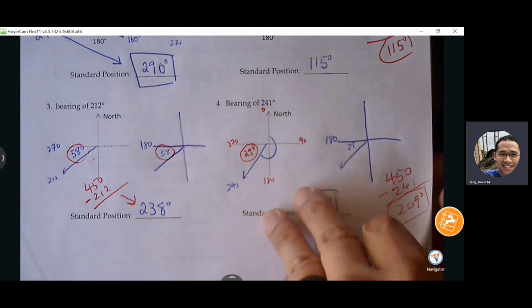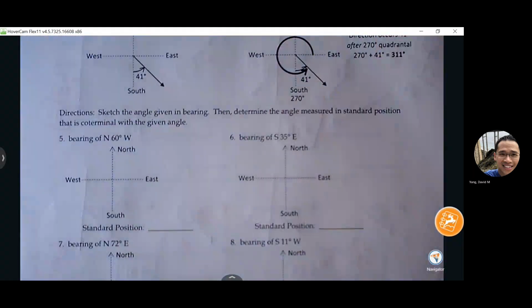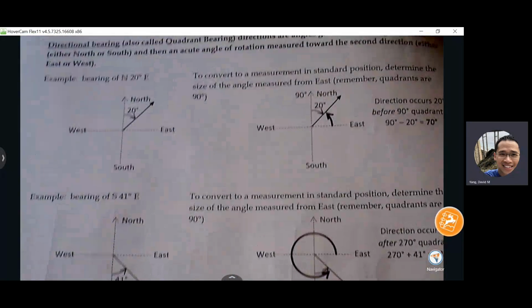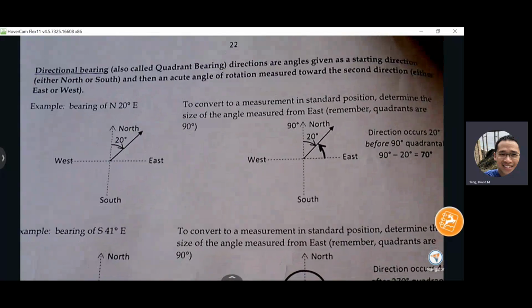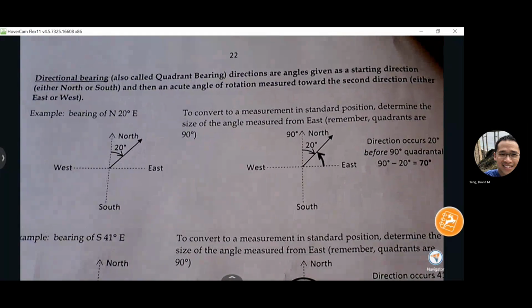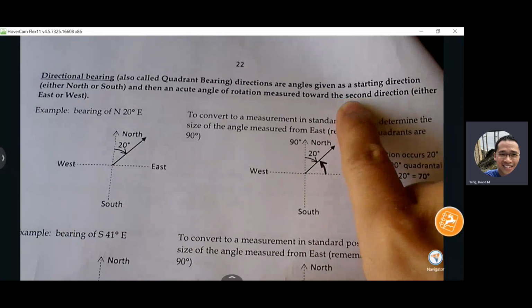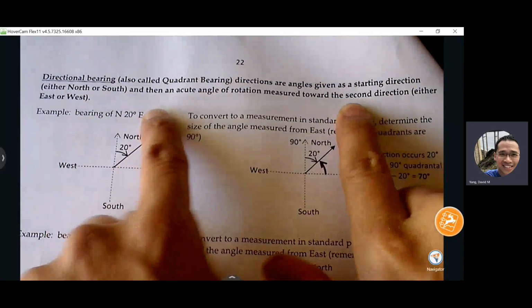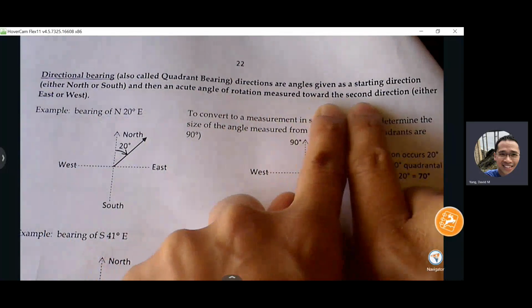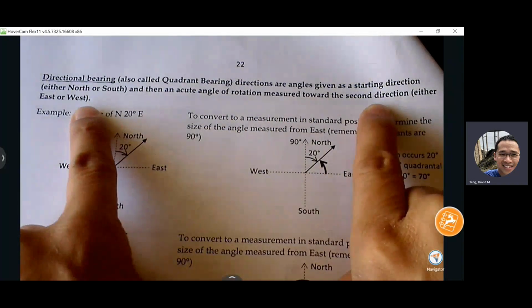Okay, so let's go to page 22. Directional bearing or quadrant bearing are angles given as a starting direction, either north or south, and then an acute angle of rotation measured towards the second direction, either east or west.